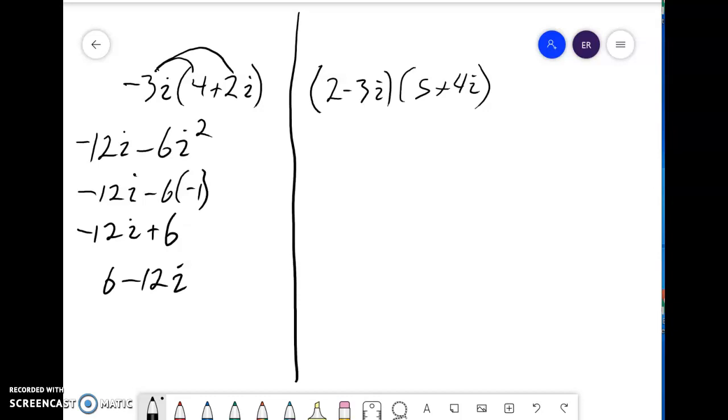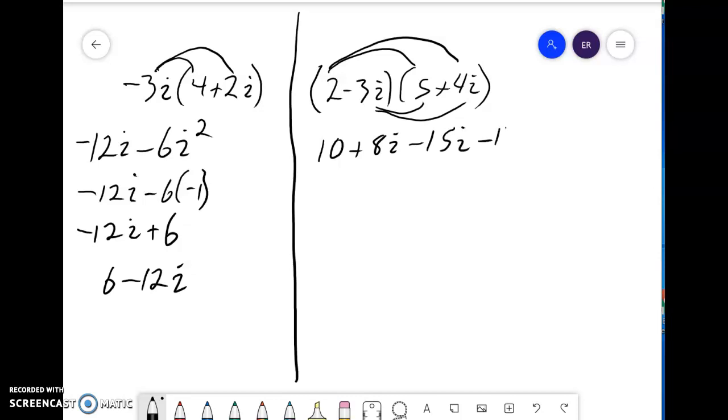All right, so the next one, we double distribute. Negative 15i. Negative 3i times 4i is negative 12i squared. So we're going to handle that first.